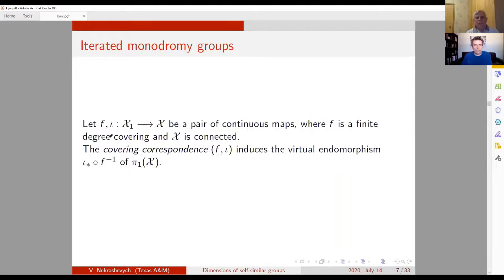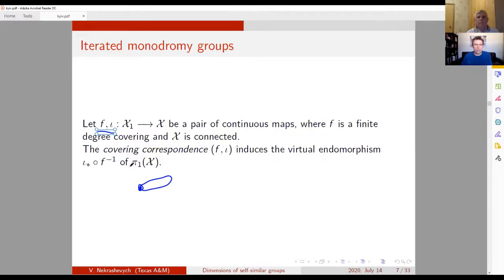So this is something that we call a covering correspondence, and it will define a virtual endomorphism of the fundamental group. Namely, if you have a loop in the space X, because F is a covering, you can lift it, and the set of loops which are lifted to loops will be a subgroup of finite index, because F is a finite degree covering map.